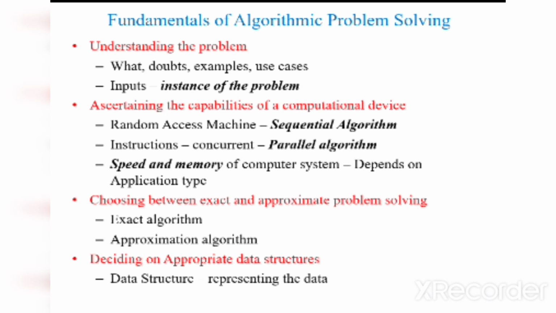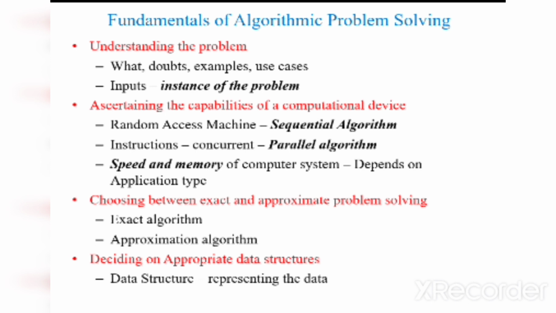Next, in parallel algorithm, we'll be executing instructions parallelly, that means more than one at a time. So based on that, we'll be selecting whether we have to operate on sequential or parallel algorithm. Next, parameters, speed and memory of the computer system. This depends upon the application type.